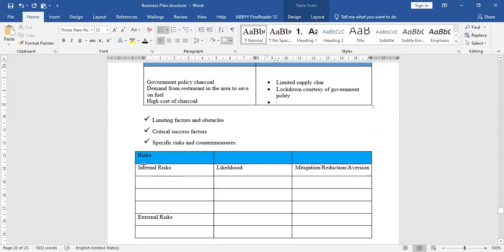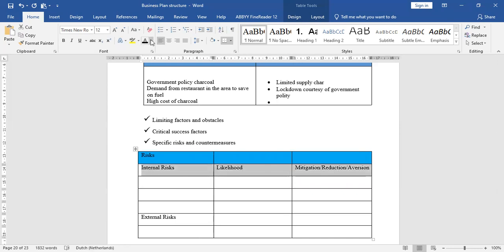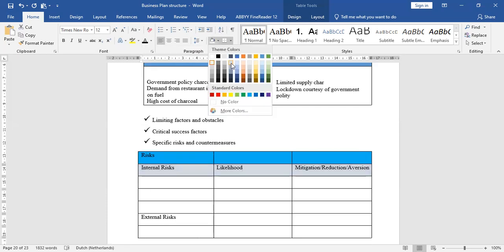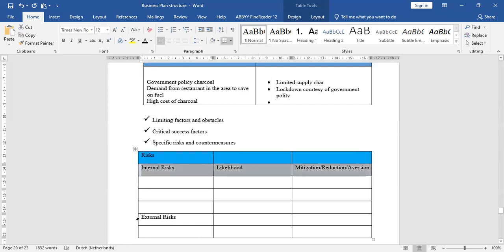And you'll notice the same way we have strengths and weaknesses internal and opportunities and threats external, it's the same way we have risks, but they are classified internally and externally. So internal risks are maybe a machine getting spoiled, poor design.